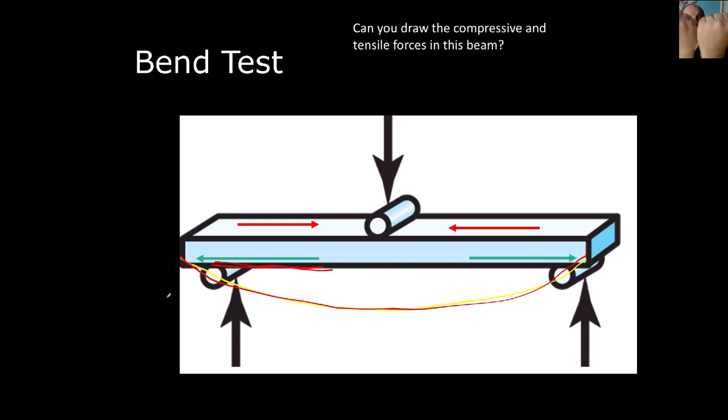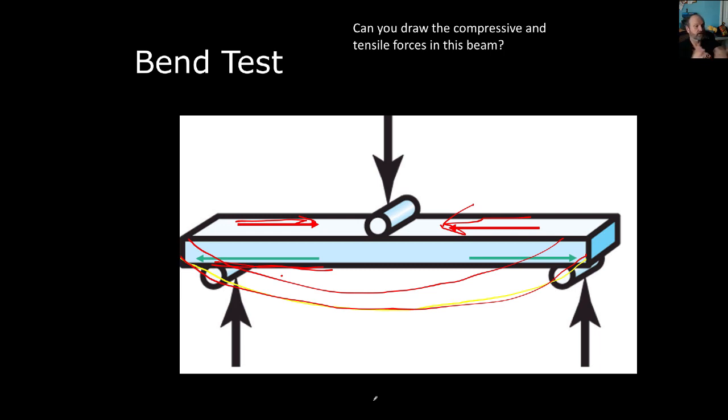It's being pulled apart. But likewise, the top is getting shorter relative to the other side. So the forces on the top are pushing in, and that's like a compression test. So bending tests kind of combine compression with tensile testing.